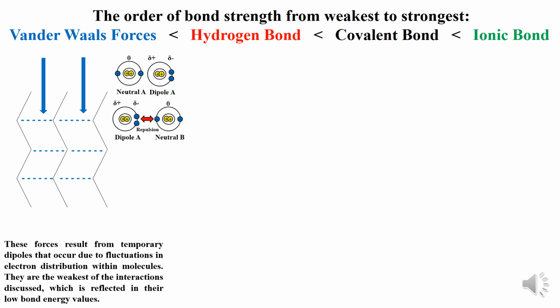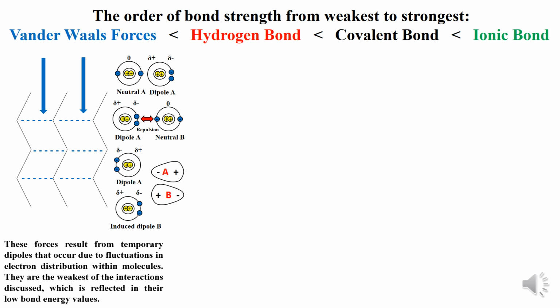As a result of repulsion between the electrons in the outermost shell in these two atoms, it induces a dipole in the neighboring helium atom B. So a dipole is induced in the neighboring atom B. So now you've got atom B with induced dipole and atom A with a dipole as well.